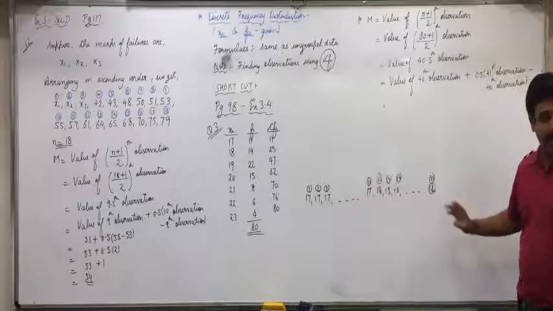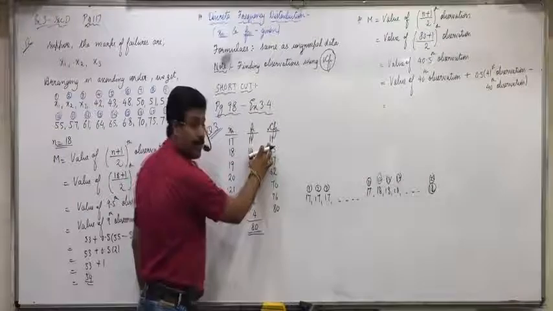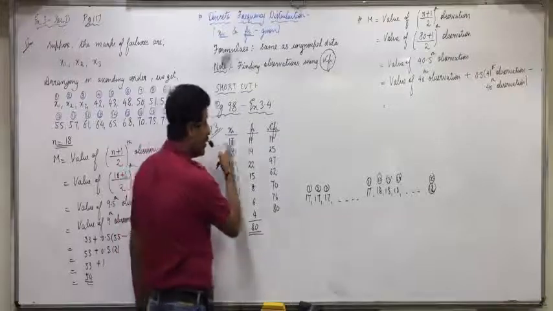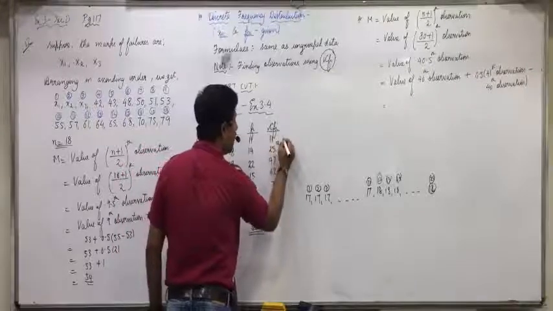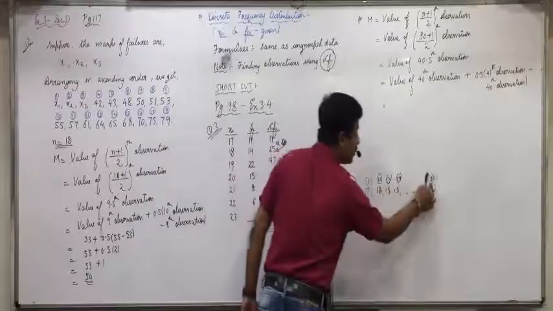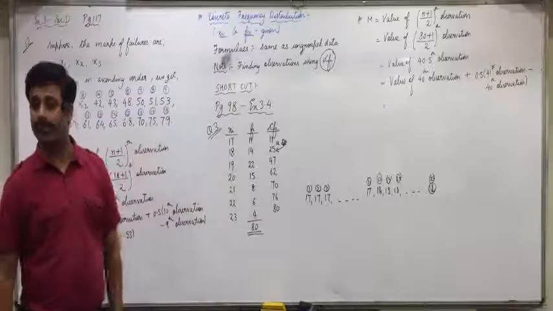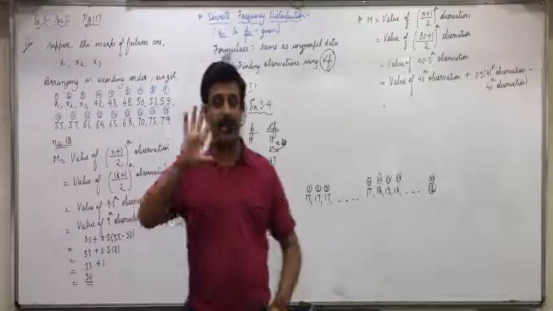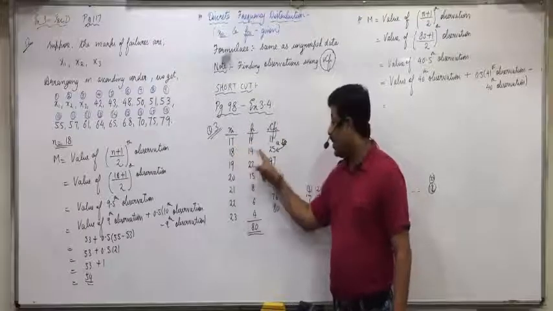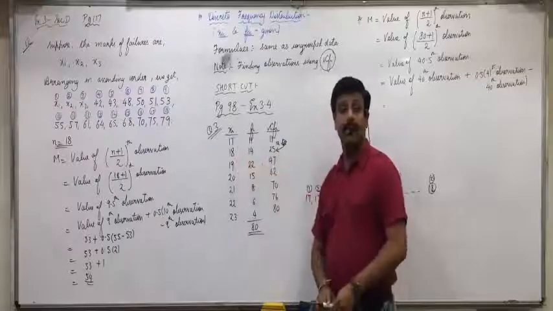Understood that? How do we get it using CFIs? What is the first CFI? 11. Means first 11 observations are 17. After 11, 12 to 25 all are 18. This is its meaning. What is the meaning of CFI? First 11 observations are 17. Then after 11, 12 to 25th all are 18.